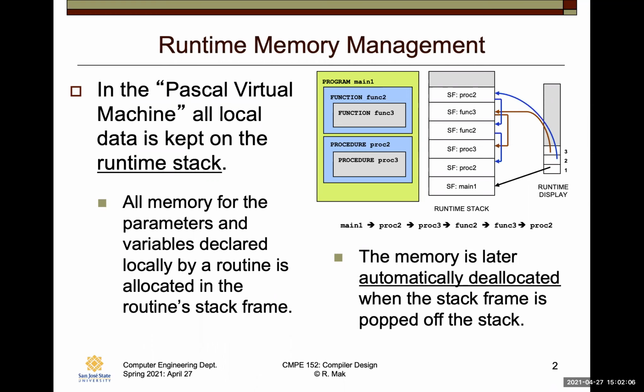And then when we returned from that function, we popped off the stack frame. And to help the runtime access the values of non-local variables, we had the runtime display, which always pointed to the topmost stack frame at a particular nesting level. So that was what we did.